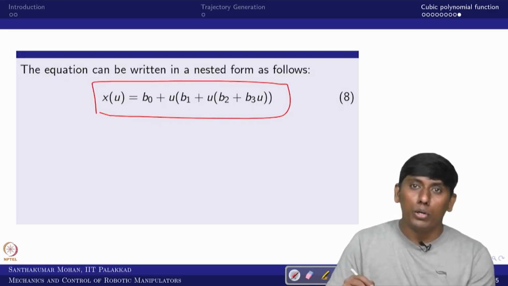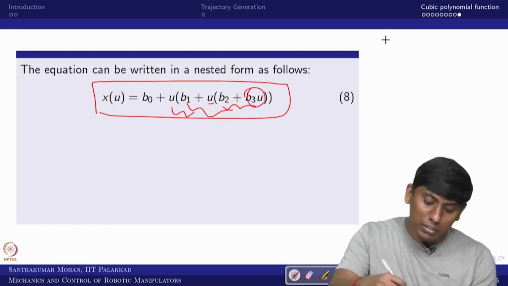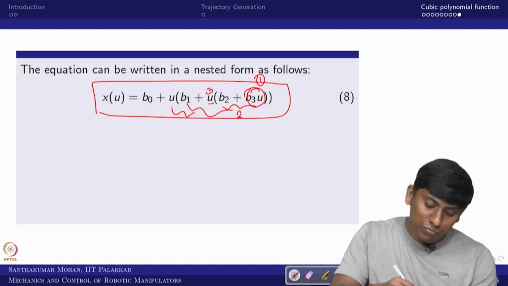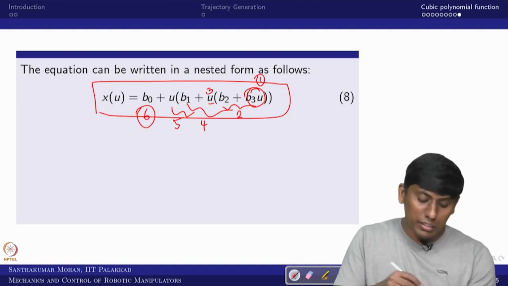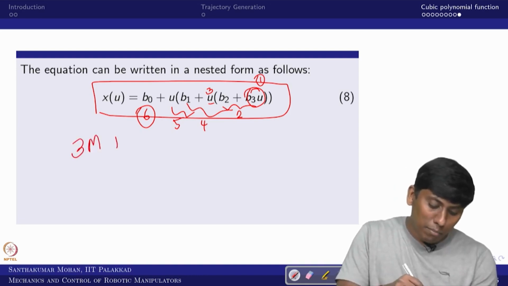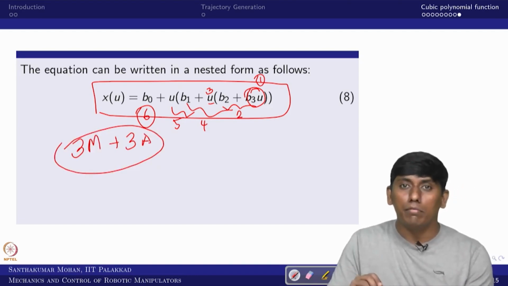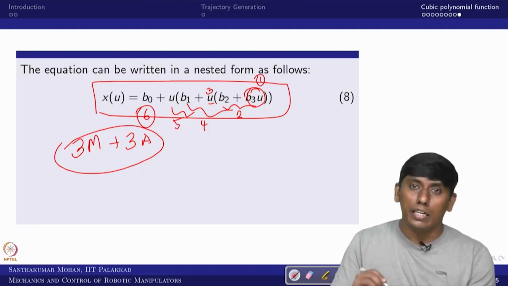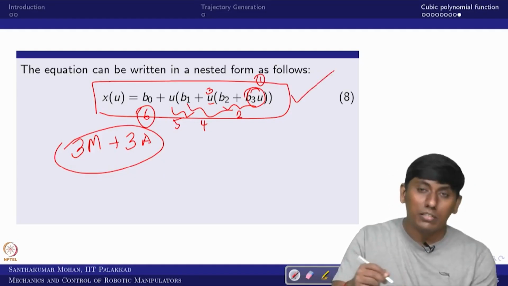In this nested form there is first an addition, then a multiplication, then an addition, another multiplication. You multiply the first operator, then the second, then the third. So you see only 3 multiplications and 3 additions, which makes it computationally easy to derive the equations in real time. That's why we are using the nested form.